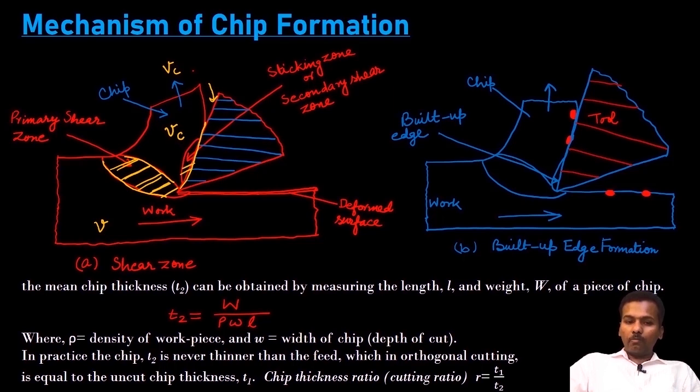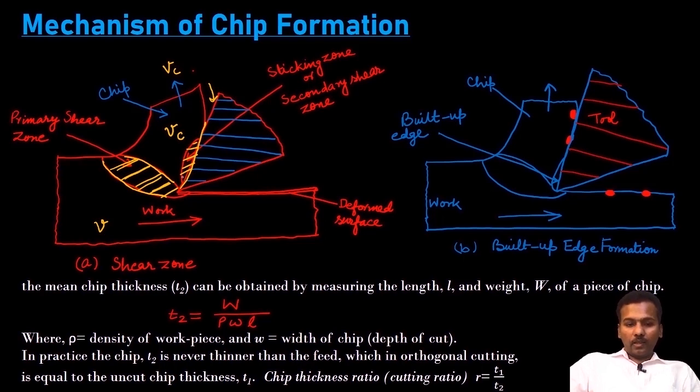This minor deformation of the chip is known as the secondary shear zone. Why? Because of the sticking of the chip with the tool rake surface while flowing. This minor deformation is known as the sticking zone or secondary shear zone.